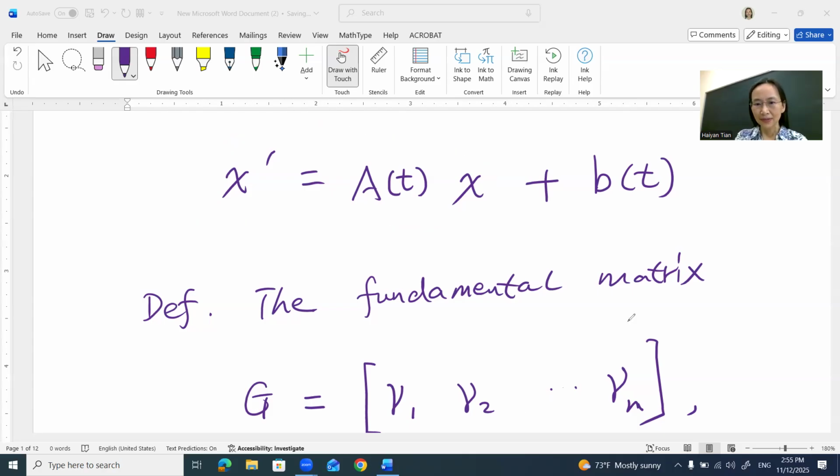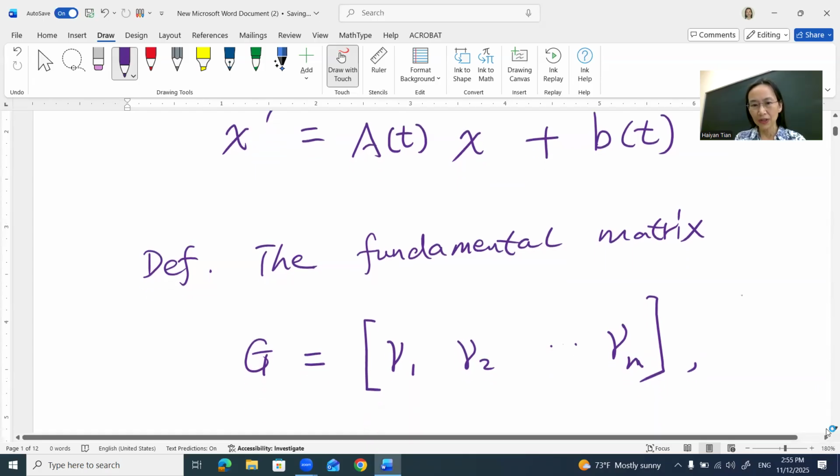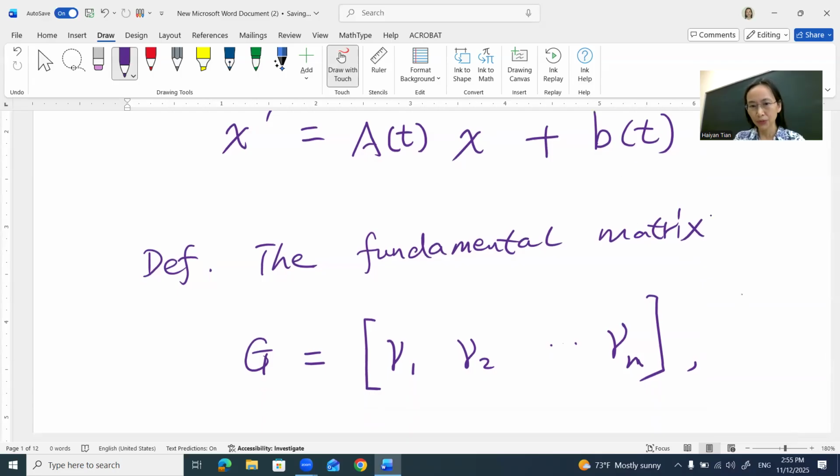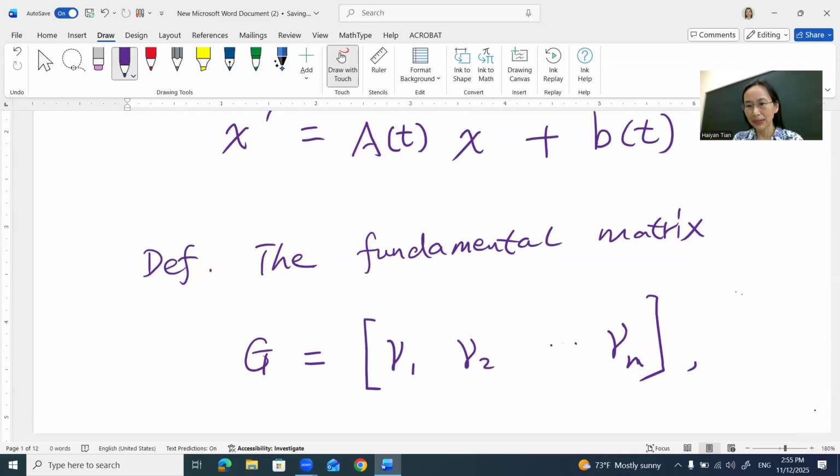Suppose we put n solutions of the homogeneous system into a matrix. So you see the matrix G is formed by n columns.